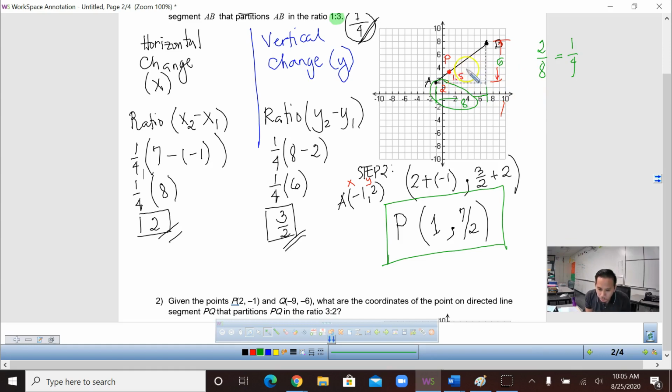And 1.5 over 6 will still give us 1/4. So that is how you do your partitioning of a line segment.